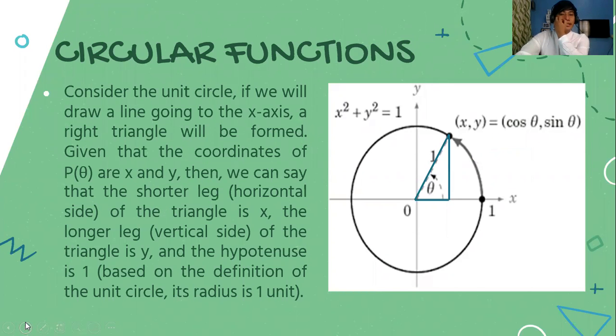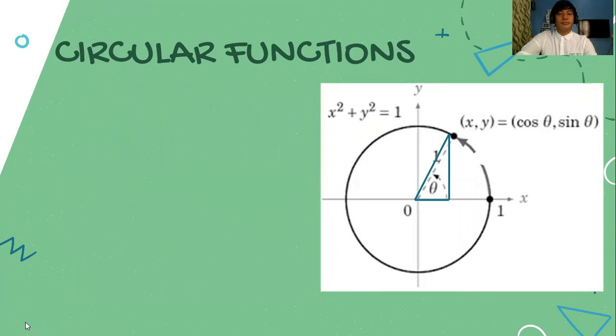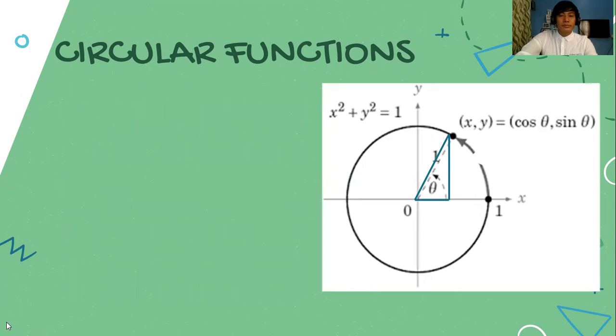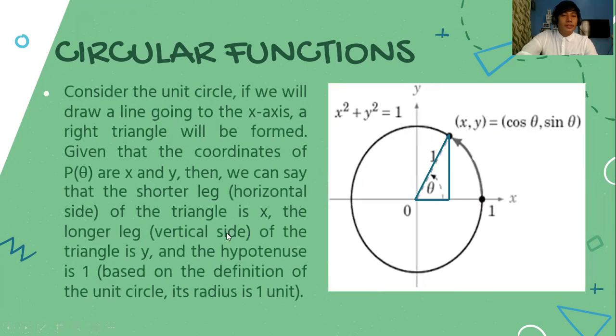Given that the coordinates of P of theta are x and y, then we can say that the shorter leg, or the horizontal side of the triangle, is x. And the longer leg, the vertical side of the triangle, is our y value.